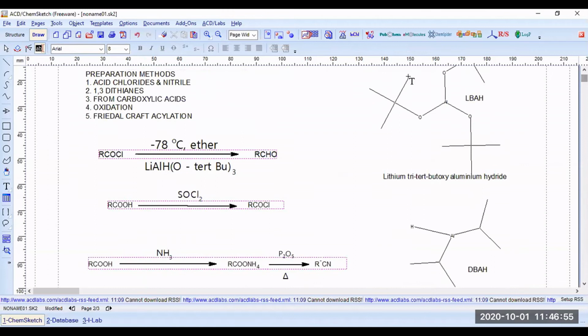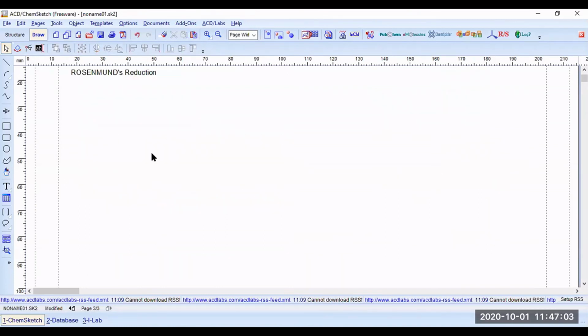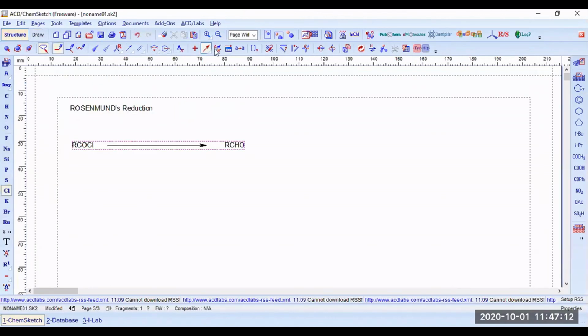Acid chlorides in presence of, we will copy this reaction same as it is. Only the difference is the reagent. We won't use this reagent, but the reagent is now different.